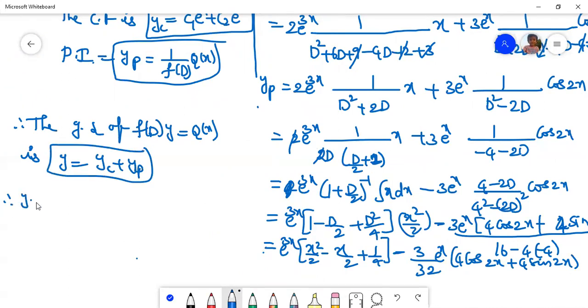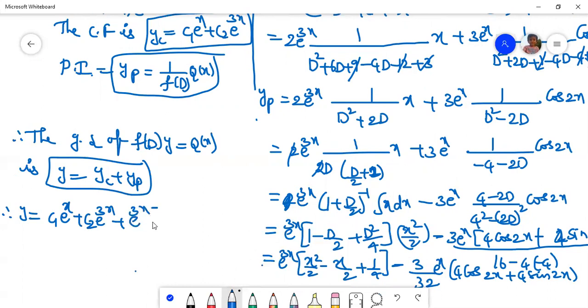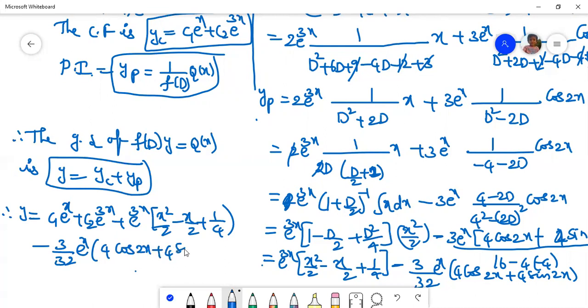So y = c1 e^x + c2 e^3x is yc. yp is e^3x into (x²/2 - x/2 + 1/4) - 3/32 into e^x into (4 cos 2x + 4 sin 2x).